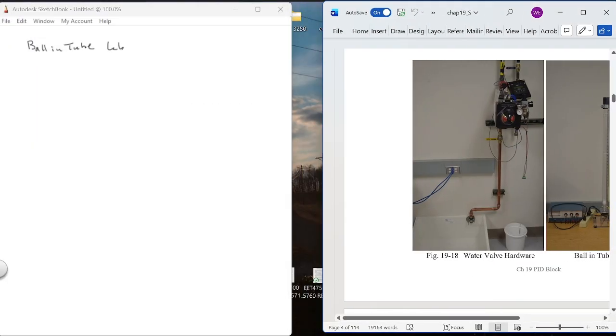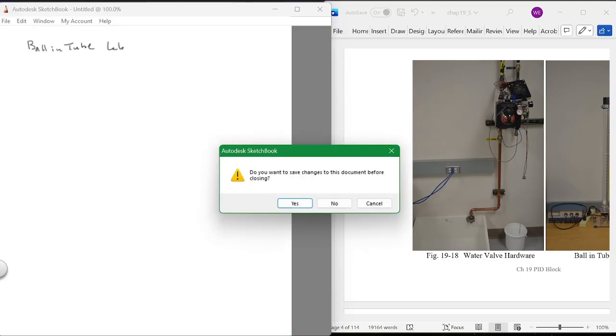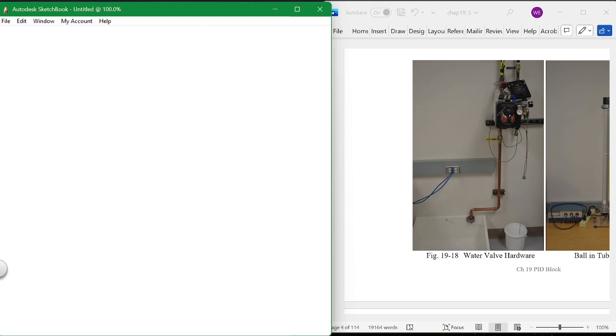Now, how do you get credit for it? What's your end game? You have to build it. For either of these two labs, all you have to do is build a faceplate. I purposefully did not build a faceplate in the program, so you have to add one. For either lab at the end of chapter 19, all you have to do is get it to run and build a faceplate.